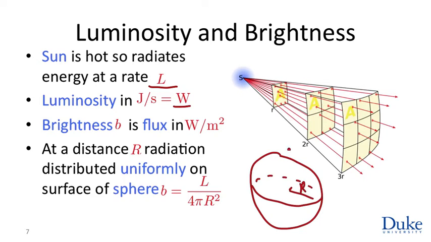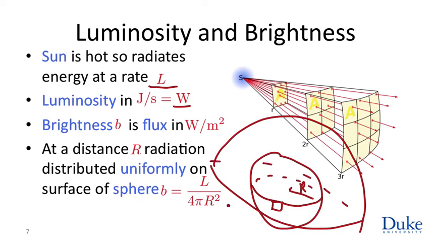And if you place your detector at some distance, it takes up some fraction of that sphere. If you are twice as far, the sphere is larger, and your detector now takes a smaller fraction of this larger sphere.